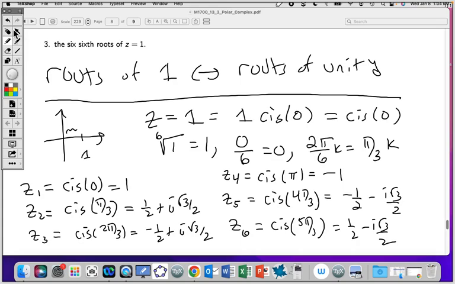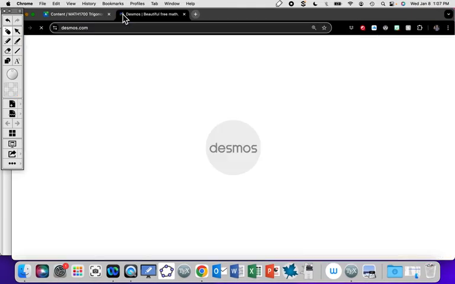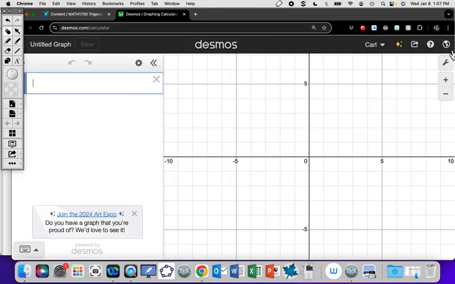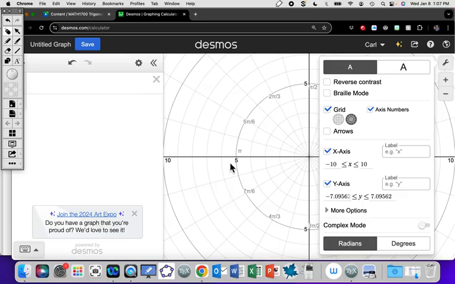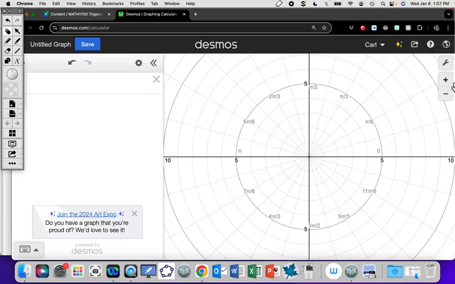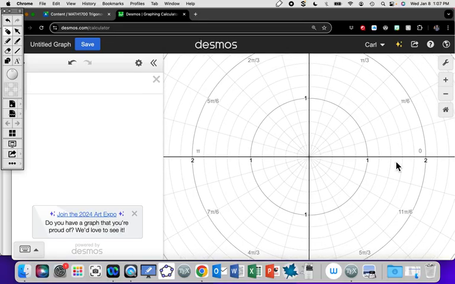All right, so we can plot these out. I'm going to use Desmos to help us because Desmos has a nice polar graph for us. Oh, almost thought it wouldn't show up. So let's just blast over to here. And we'd be on a circle of radius 1. We'd be on the unit circle.